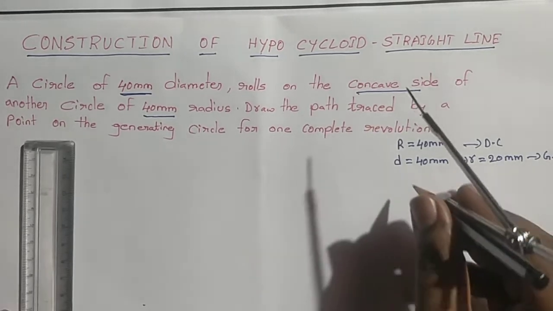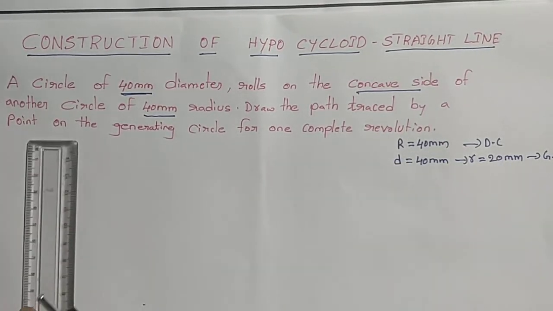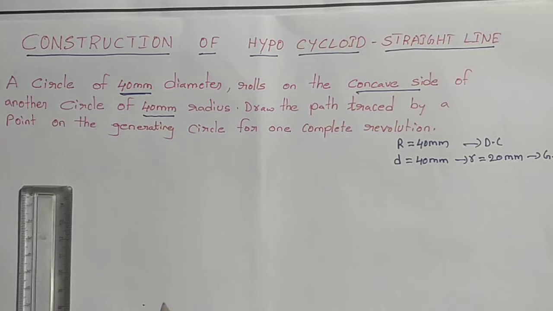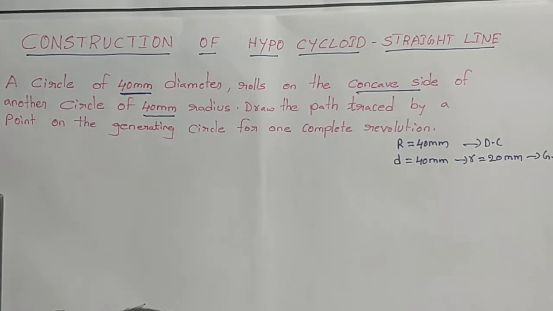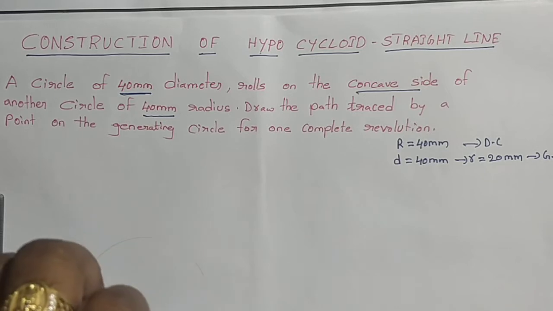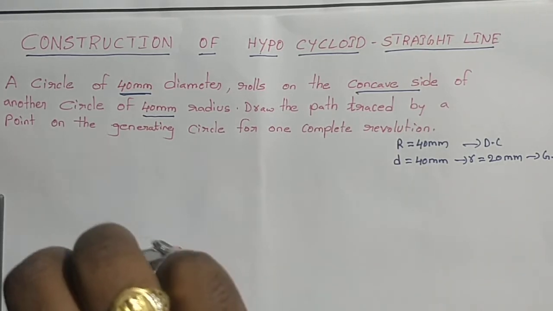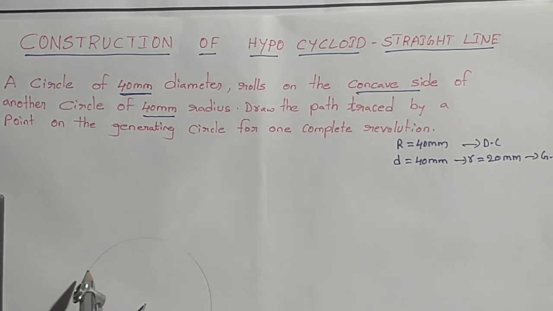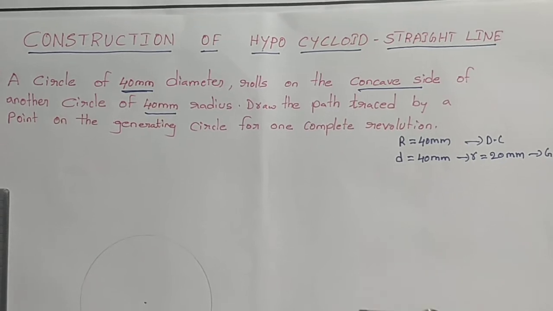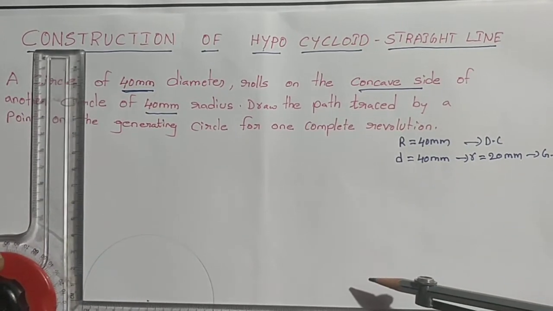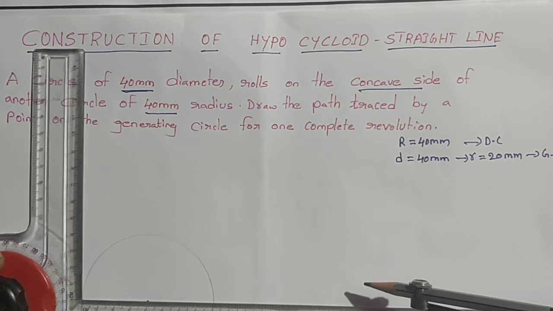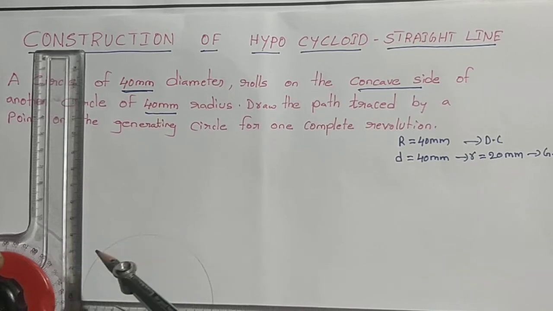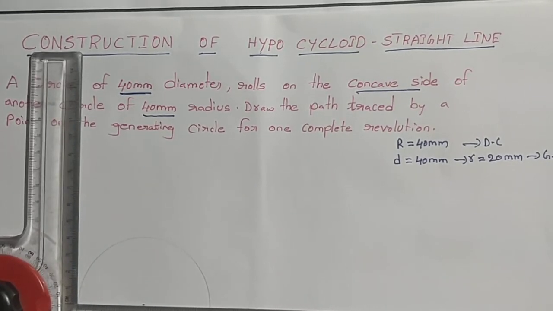The radius of the directing circle is given as 40 mm, so the diameter of the directing circle is 80 mm.